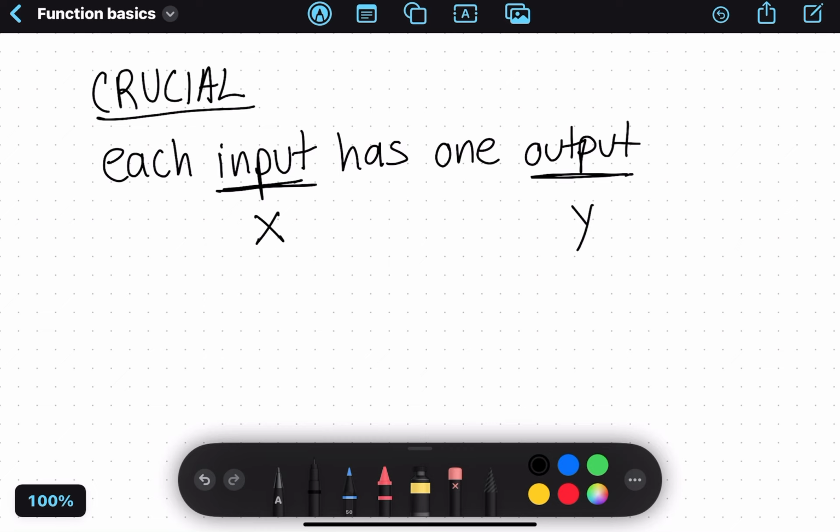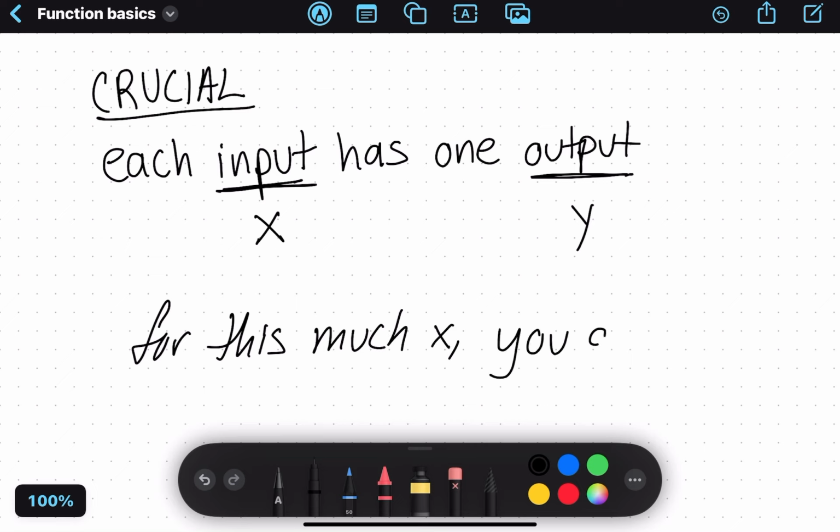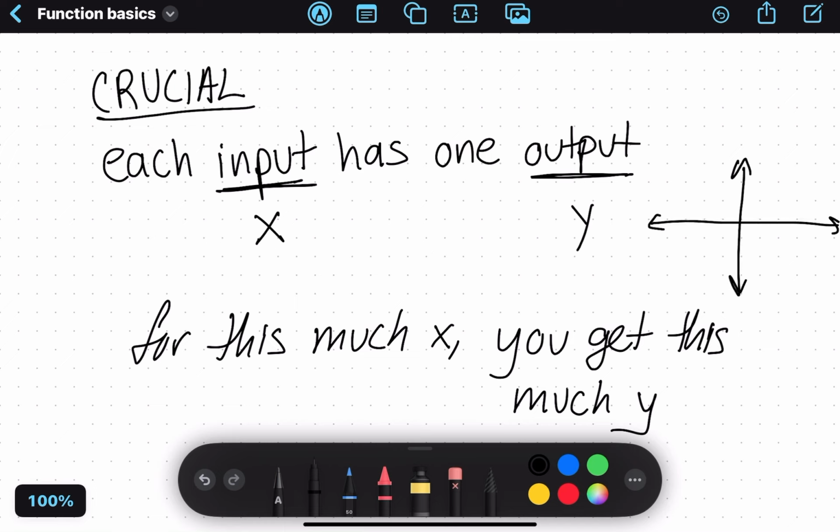So any X value could be an input and any Y value could be an output. Basically, for this much X, you get this much Y. Think of it as a coordinate plane, right?